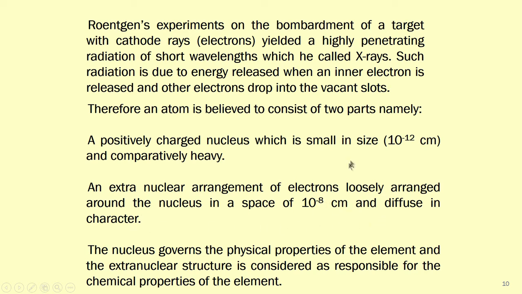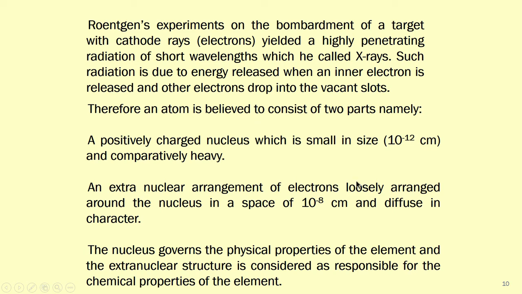So, for example, you can imagine the size, the nuclear size is 10⁻¹², okay, and the size of the area of the electron moving around it is approximately 10⁻⁸ centimeter. That means, there is a difference of about 10⁴.